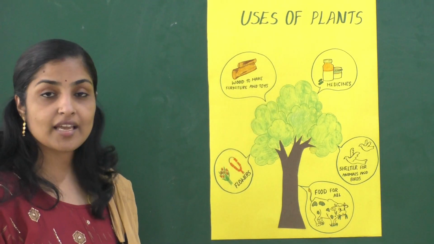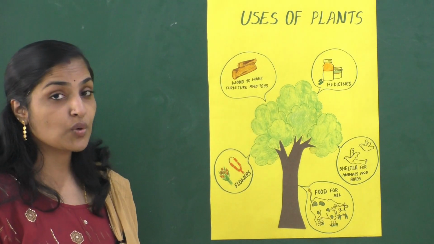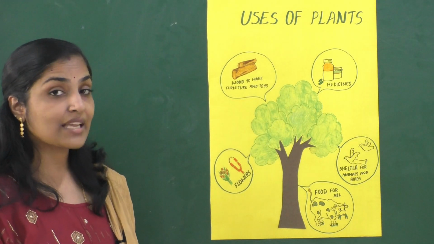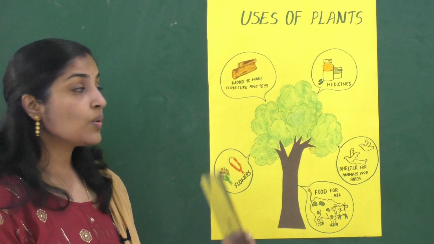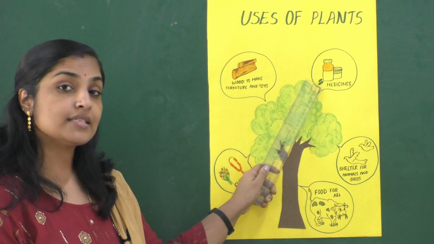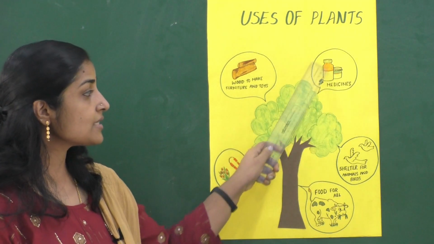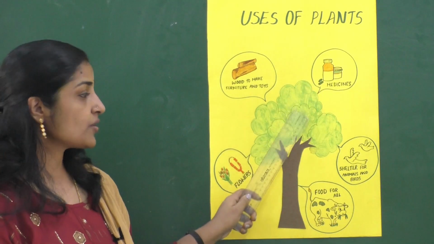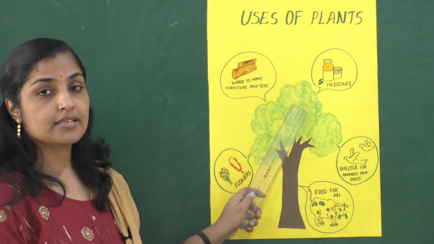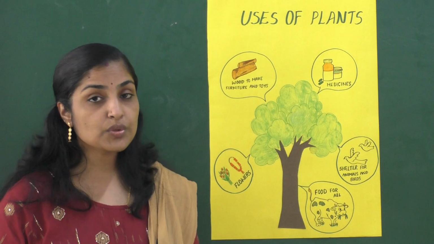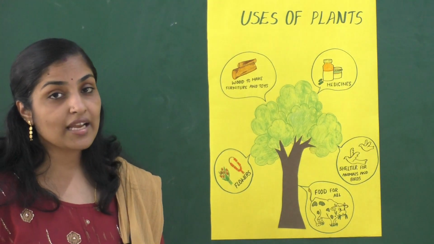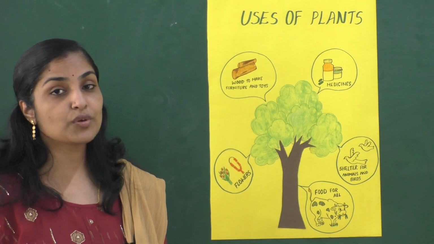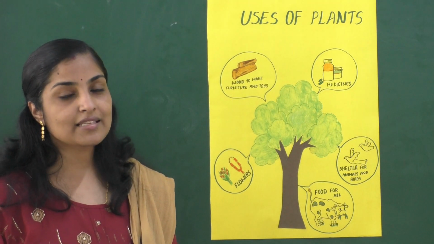Furniture like your chair, table, bed, door, all. For that we get wood from trees. And also we get medicines from trees or plants. So these are a few uses of plants for us. They are very useful, right? So that's why we should grow more trees.